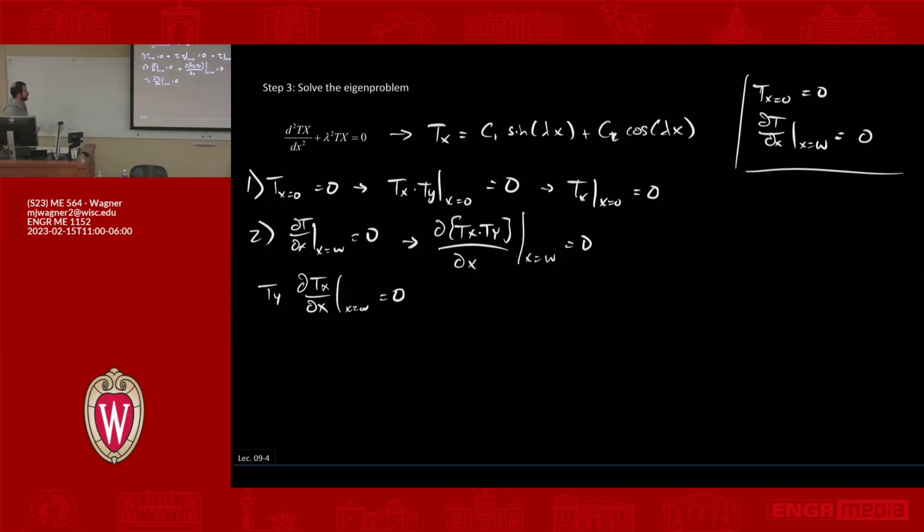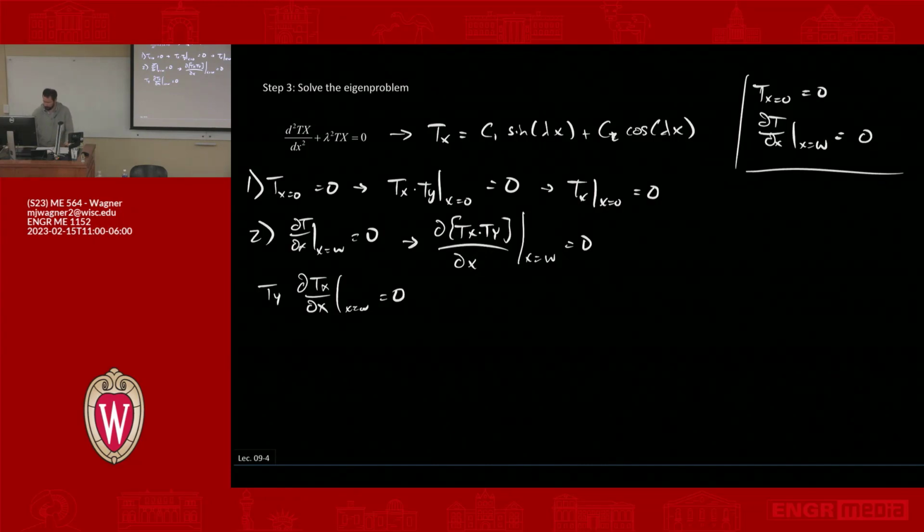So it's the same as the one above, and it's a weird step to force ourselves to do, and for these simple boundary conditions it feels unimportant, but as you get more complex boundary conditions, it might become important. So what ways can we satisfy this relationship? We could either say T_y is 0 everywhere, or we could say the partial of T_x with respect to x is 0 everywhere. Again, saying T_y is 0 everywhere is not helpful. So that goes away, and we're left with just the boundary condition here.